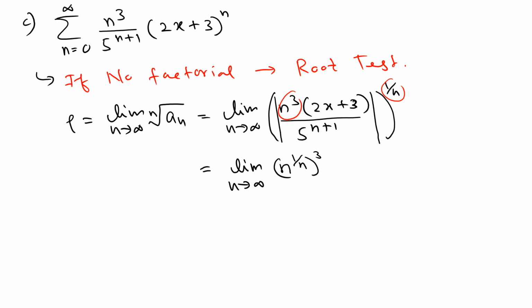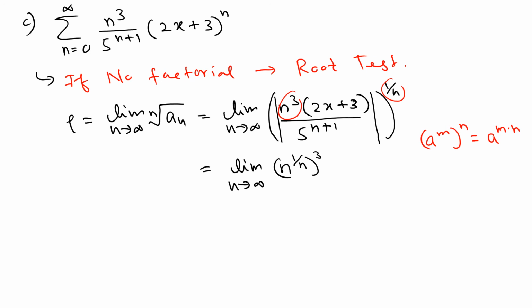We can switch the two powers because we know that a to the m, to the n, simply means a to the m times n. So it doesn't matter which one is the first power. That's why we can do it.